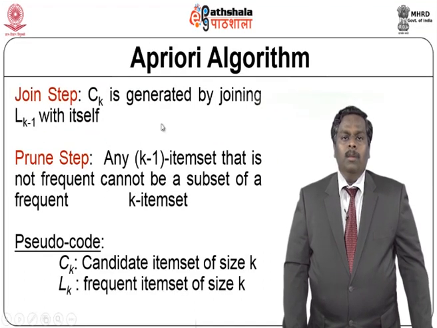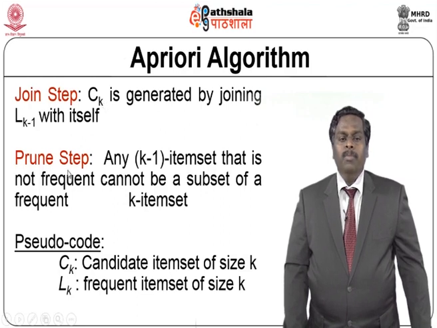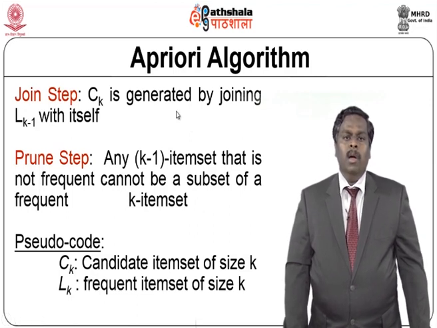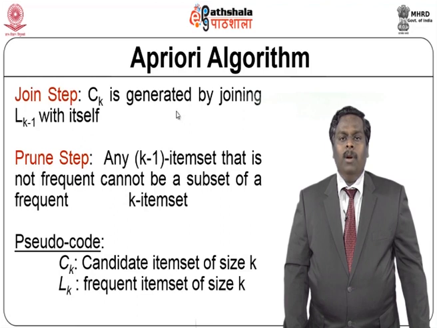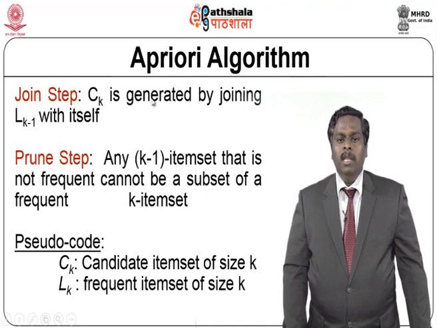The a priori algorithm actually runs in two phases. One is the join step, another one is the prune step. In the join step, we generate various candidates, and these joined candidates will be verified for whether they are frequent or not. If it is frequent, then we consider the item, else we ignore it. So, the joining step generates the candidate sets, and the pruning step looks at whether the joined candidates are frequent or not.